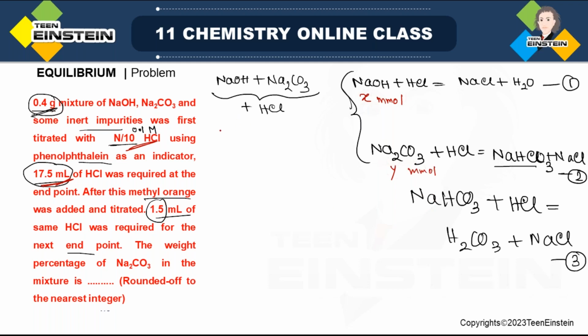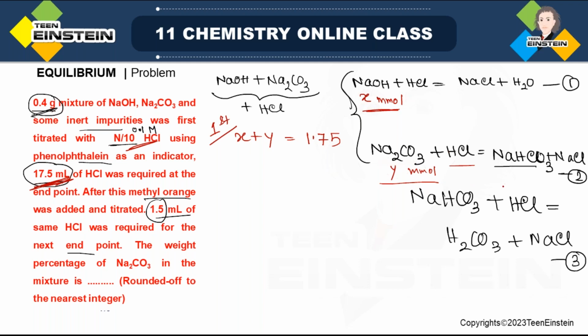Now for the first titration, we can write X plus Y, the sum of these two millimoles, equal to 17.5 multiplied by 0.1, that means 1.75 millimole, because this is 1:1. 1 mole of NaOH reacts with 1 mole of HCl. Similarly, 1 mole of Na2CO3 reacts with 1 mole of HCl.